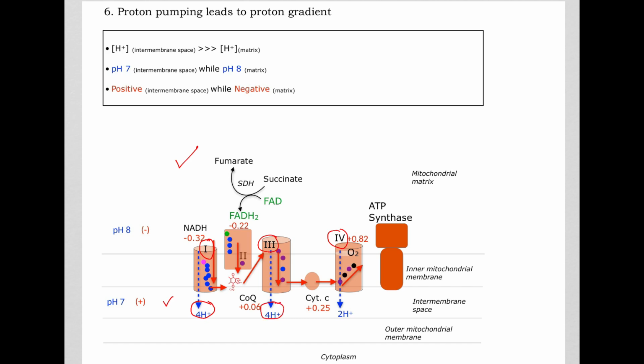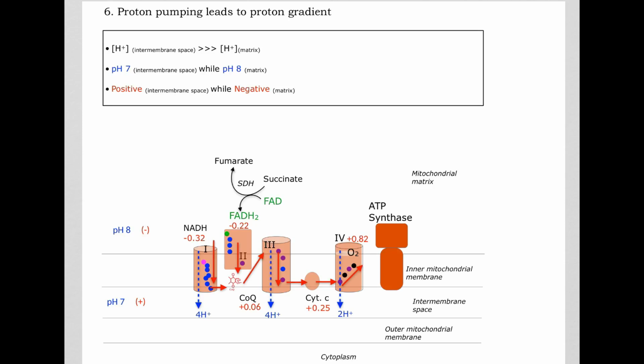So we have protons that are coming from the matrix into the space. So this means that the proton concentration in the space is going to be much higher than the proton concentration in the matrix.